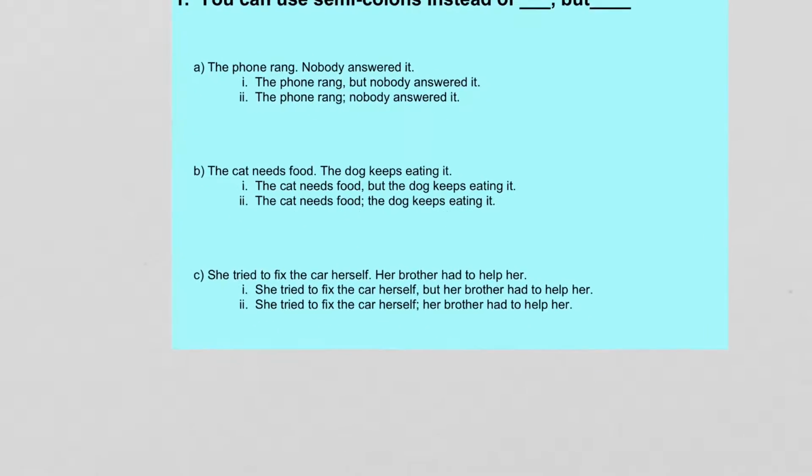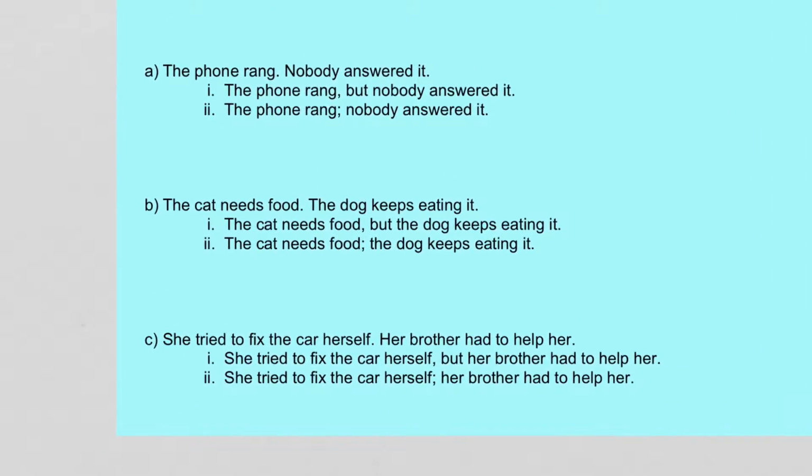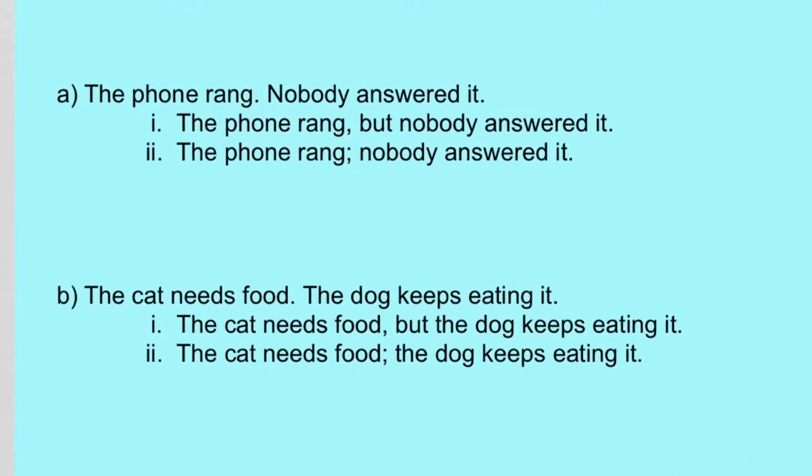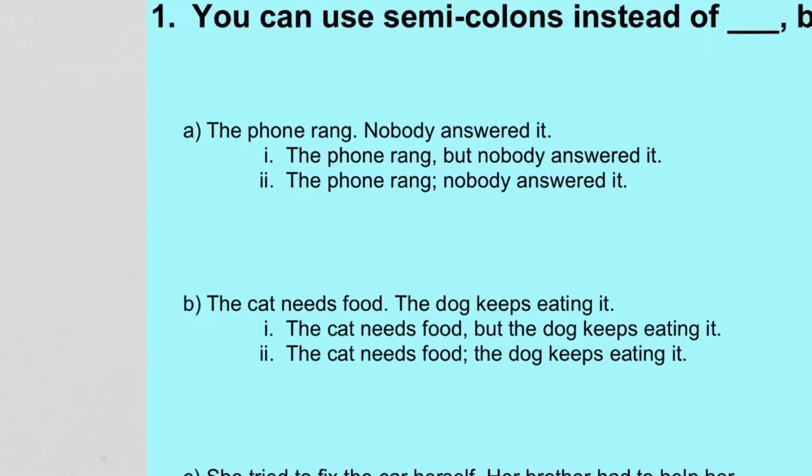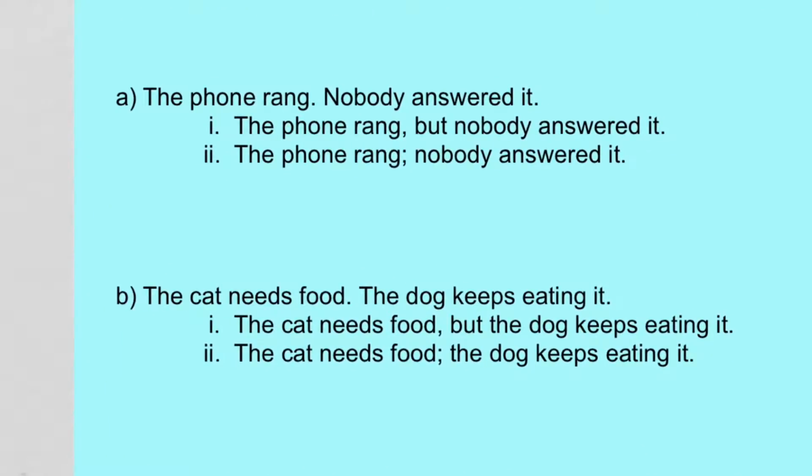Let me just go through these examples for that here. Example A: the phone rang, nobody answered it. You could start off with two separate sentences, and then using comma but, you could put those sentences together to make one sentence: the phone rang, comma, but nobody answered it. Then, instead of having comma but, another option would be just to put the semicolon in: the phone rang, semicolon, nobody answered it.